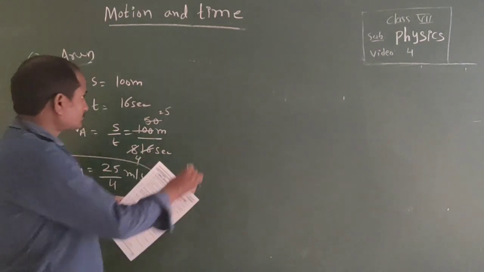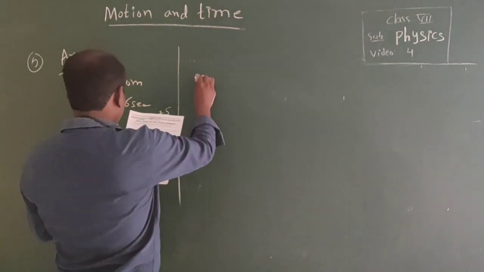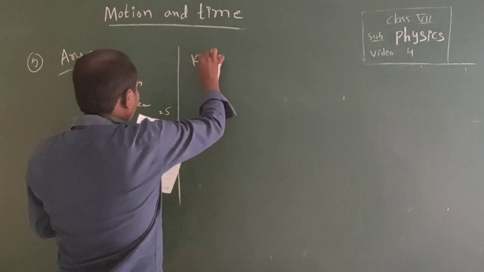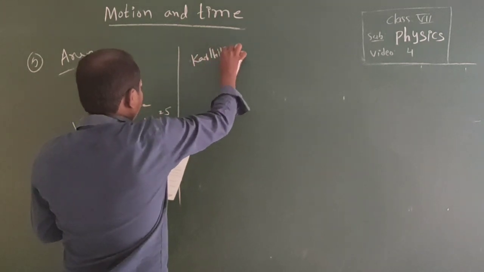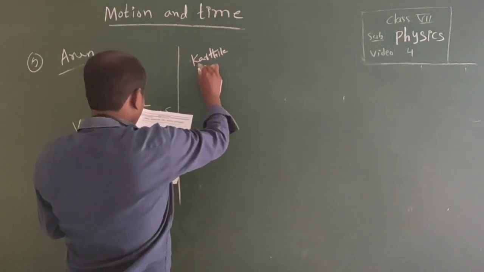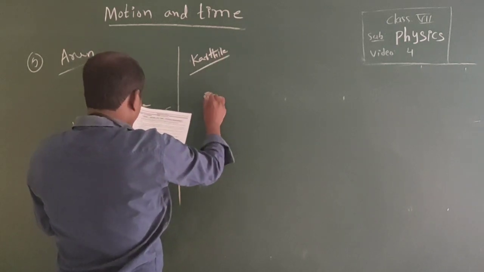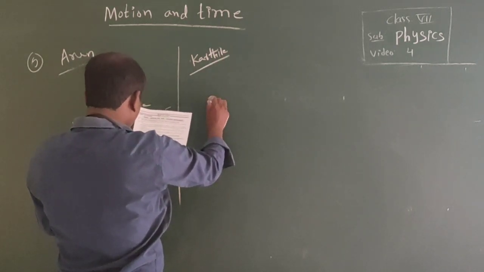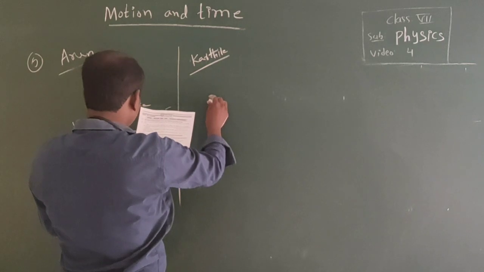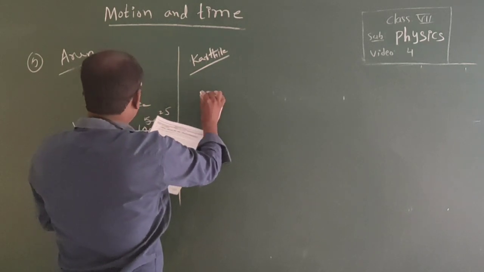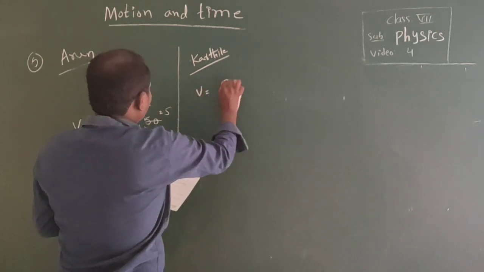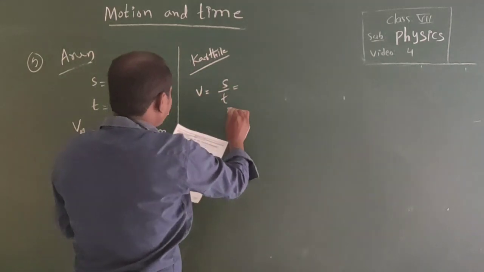Next one, Karthik, same distance. V equal to S by T, but the time is different here.